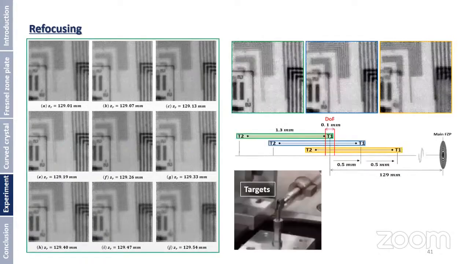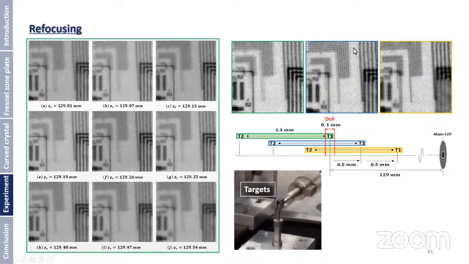We tested the numerical refocusing with a different light field data captured at a different object distance. However, from the same data set, we can only reconstruct the clear image of one single target.